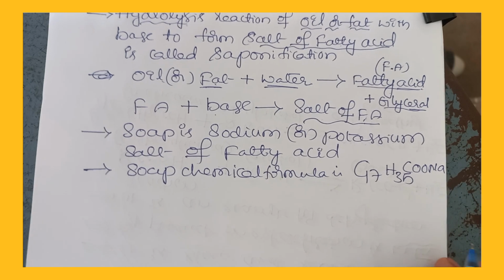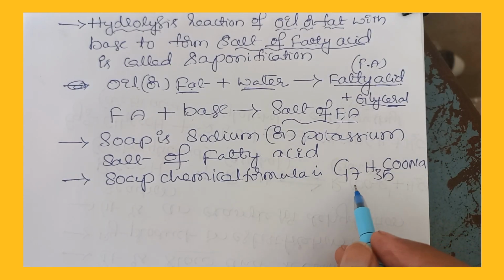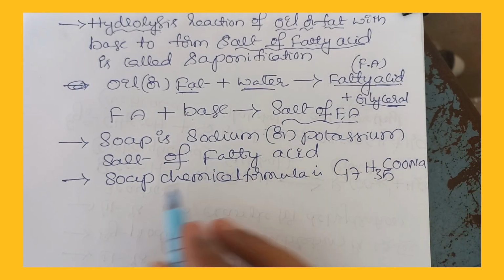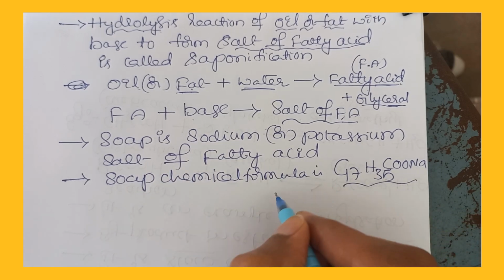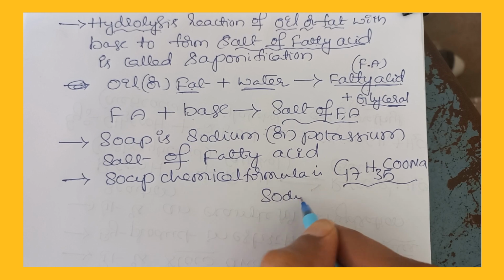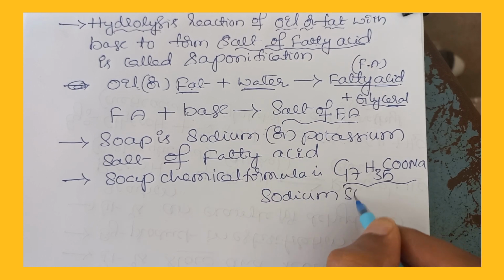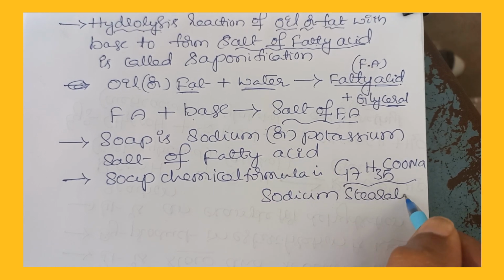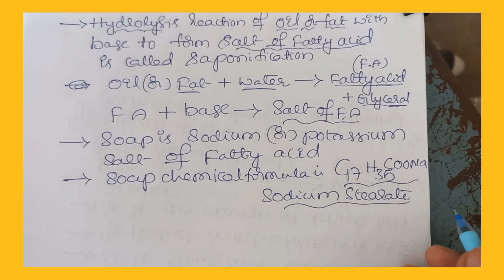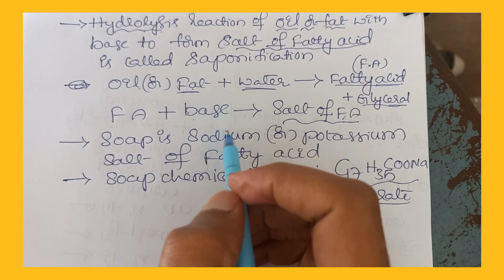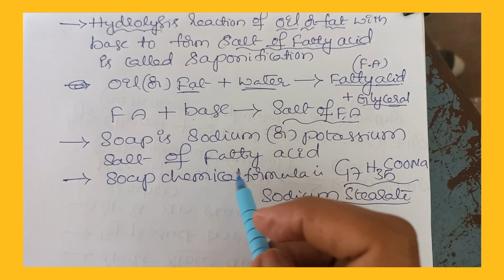This is called salt of fatty acid. This salt of fatty acid is soap. Its chemical name is sodium stearate. So these are general equations for the formation of soap.